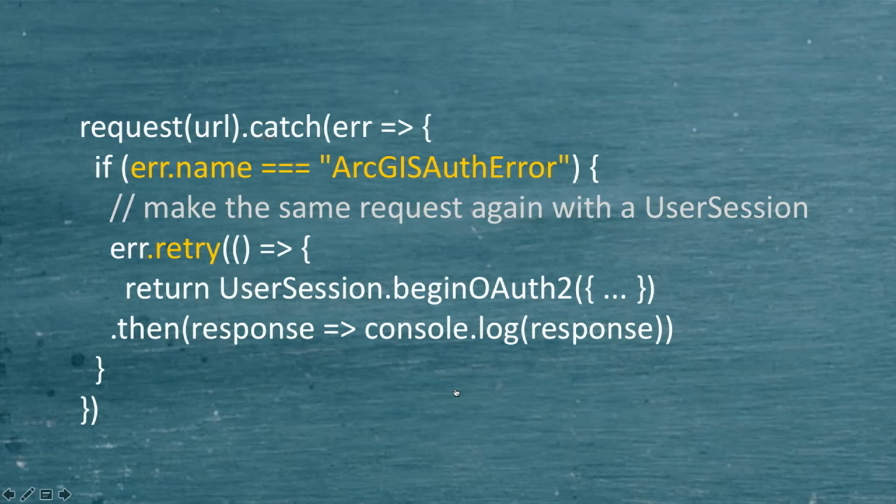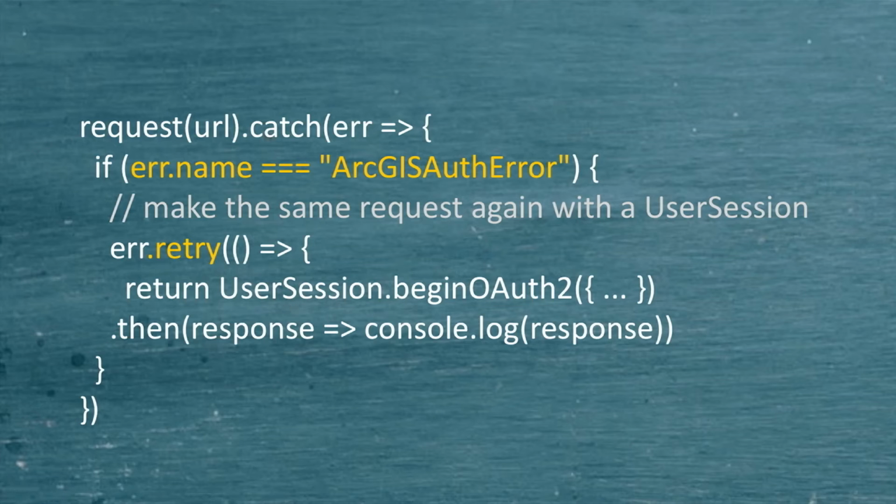Rest JS has specific error types built into it. So essentially, you catch any error that happens on that request, and you check the name of the error. And if it's ArcGISAuthError, it will have this retry function, which takes a callback. And in that callback, you can do whatever you need to do to log the user in.